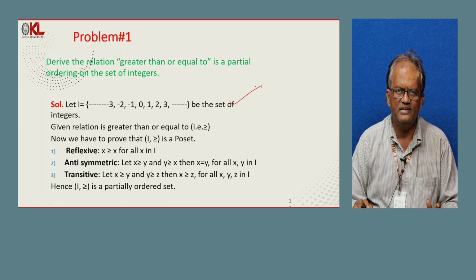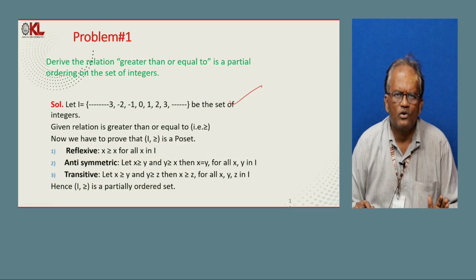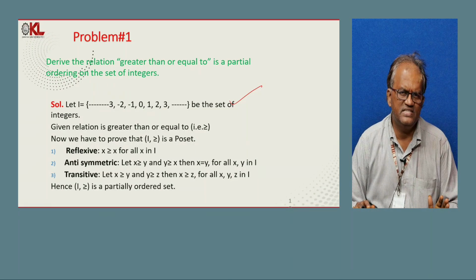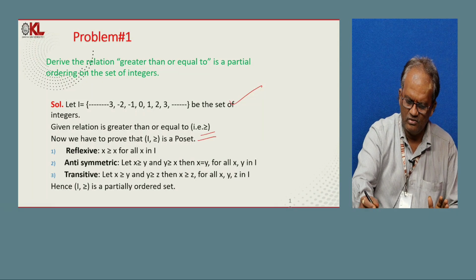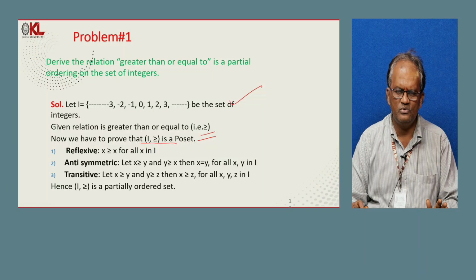Integers in roster form: 0, 1, 2, 3, minus 1, minus 2, minus 3, and that is the integer set. What is the relation here? Greater than or equal to. Now we have to show that the set I with greater than or equal to is a poset.